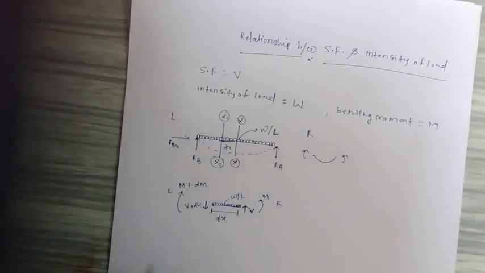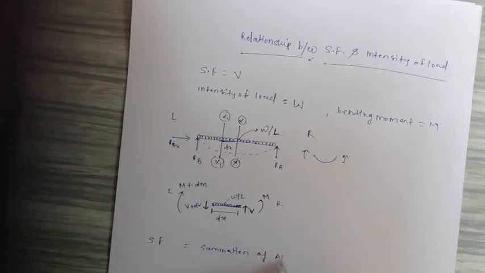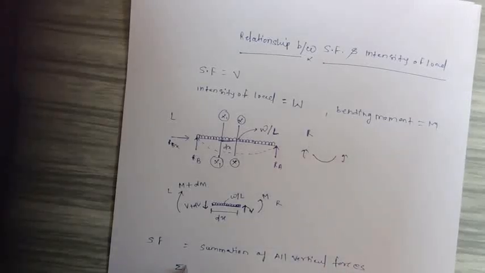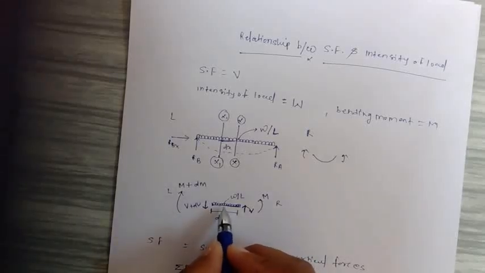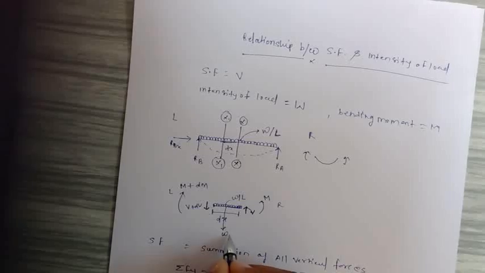So now, when we build up the relationship between the shear force V and this W, the shear force is nothing but the summation of all vertical forces only. So summation of Fy we are taking equal to 0. Since it is a UDL load, this intensity will act at the centroid, at the center of this beam, which will be W into dx.